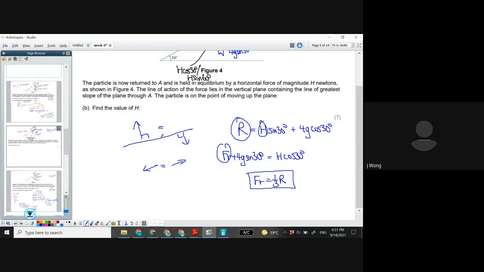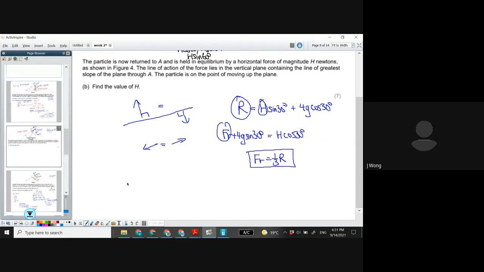Okay, so now, if you want to use the final equation, friction equals a third R, you just want to toss this reaction into it and make friction a subject and put it into there. So let me just do the rearrangement here. So friction is going to be h cos 30 degrees subtract 4g sine 30 degrees.